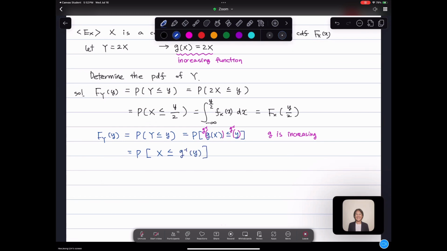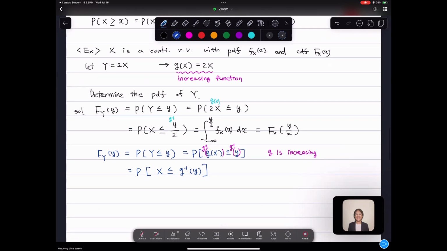What we did up there is nothing more than this: this is my g of x, which is 2 times x, less than or equal to y. And this is my g inverse, the inverse function.